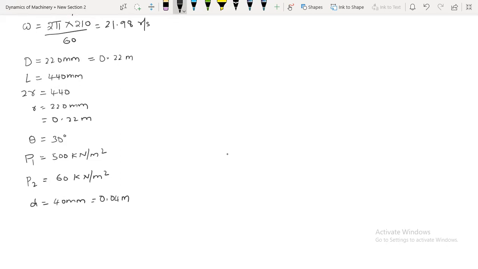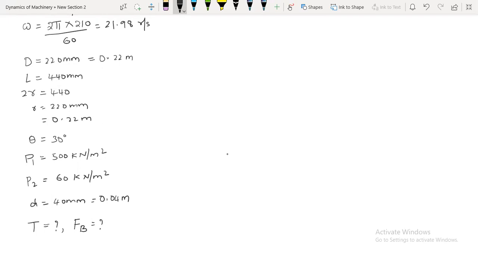So from this given data, we have to find out what is turning moment, and also what is the force, the thrust acting on the bearings. So these two things we have to find. Okay.